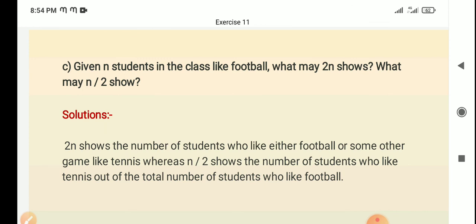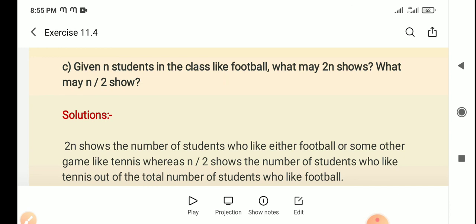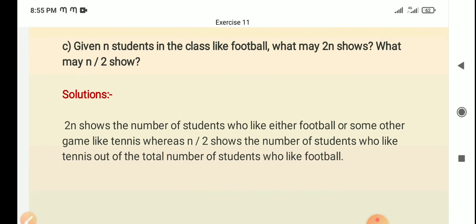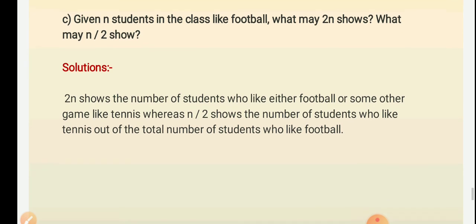And n/2 shows the number of students who like tennis out of the total number of students who like football. Okay, so in this way we form the statement of the given expression.